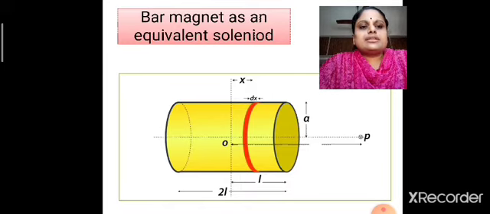Let the origin, that is the intersection of x and y axis, be represented by O, the center point of the solenoid, and let this section of width dx be at a distance x from the center of the solenoid.